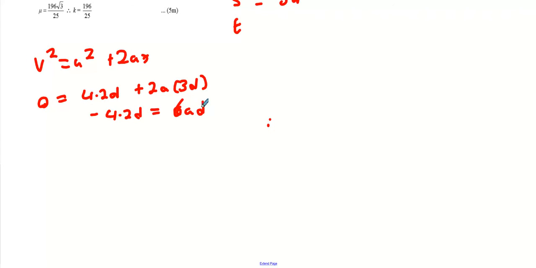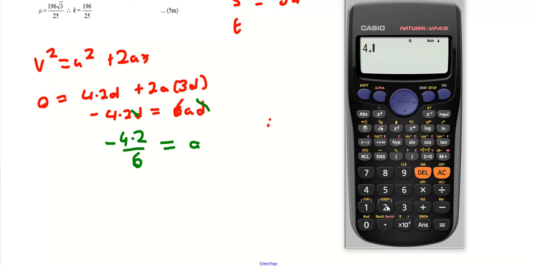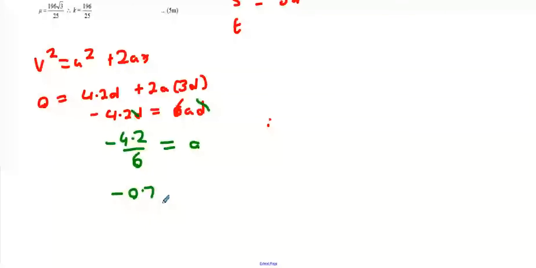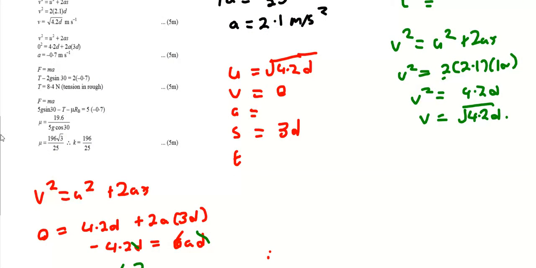The d's cancel off both sides, and your acceleration is minus 4.2 divided by 6. I think it's minus 0.7. So minus 0.7 meters per second squared. Okay, so now we have the deceleration.